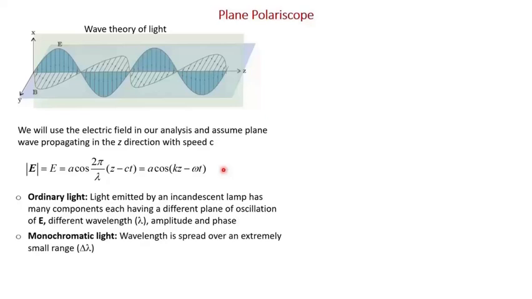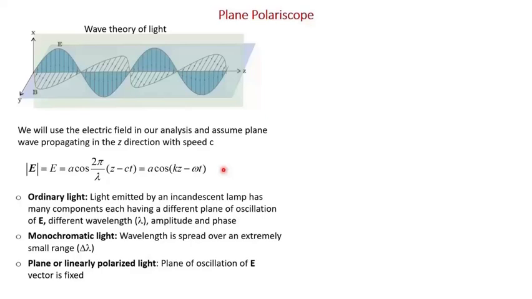In monochromatic light, the wavelength is spread over an extremely small range, like in a good quality helium neon laser. Then we have the plane or linearly polarized light, where the plane of oscillation of the electric vector is fixed. It does not vary randomly.